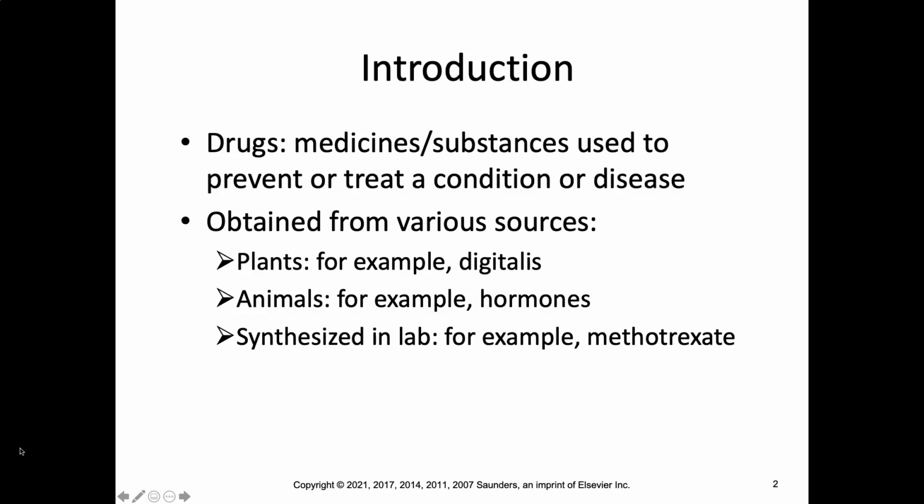Honey, for example, is one that they found that works really well as an antiseptic. And there's different types of oils that come from things and all of that. So plant-based, tree-based, animal-based. With some animals, they've utilized them for hormones. And when we get to the endocrine chapter, we will talk about that.